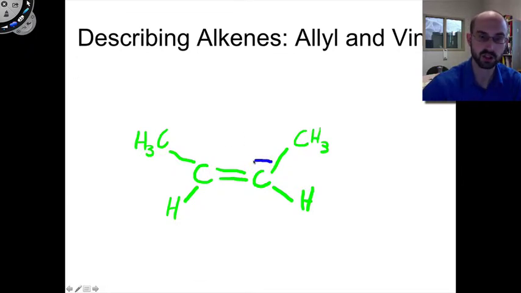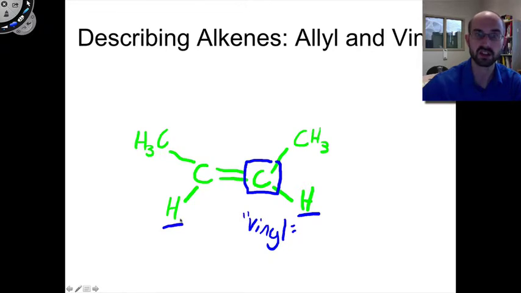This carbon right here is a vinyl carbon. The carbon that is part of the alkene is a vinyl carbon, just like this carbon right here is also a vinyl carbon. We can also term that hydrogen as a vinyl hydrogen, or that hydrogen as a vinyl hydrogen.